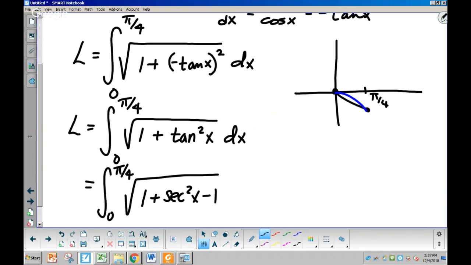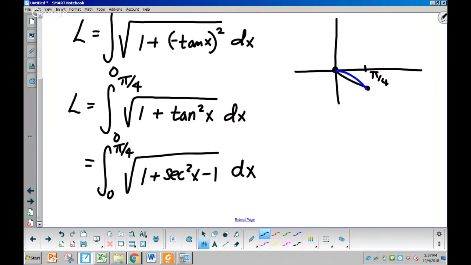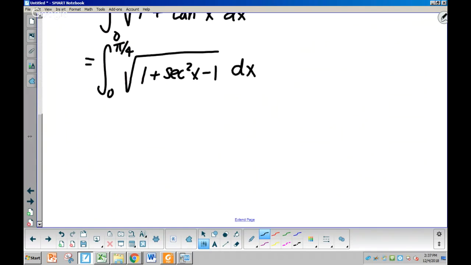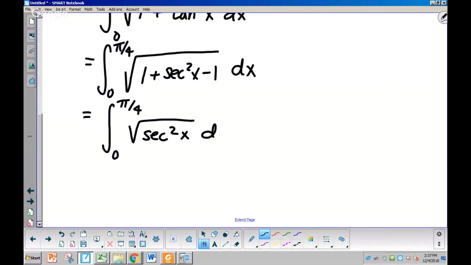Now, why am I happy about that? The ones cancel, and it's secant squared.